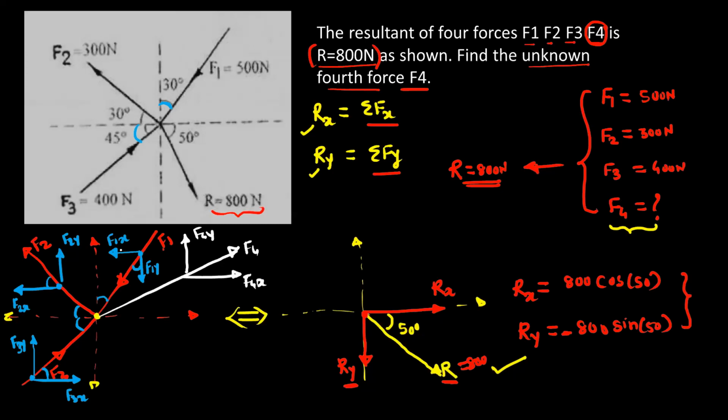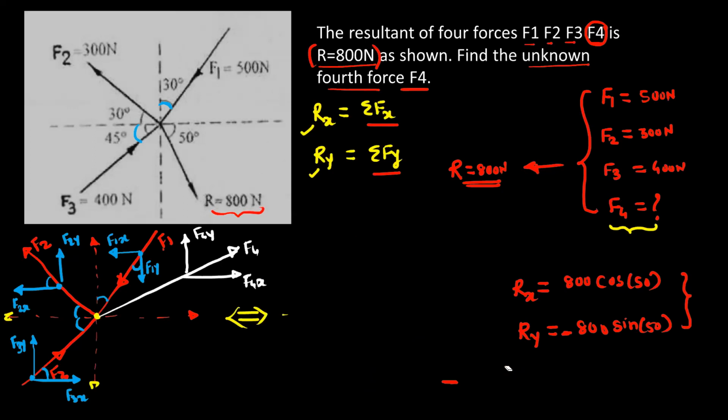Now you can write the values for F1x, F1y, F2x, F2y, F3x, F3y. So F1x, this is equal to, just observe the direction F1x, it is towards negative x, so minus. And F1x is opposite to this angle.